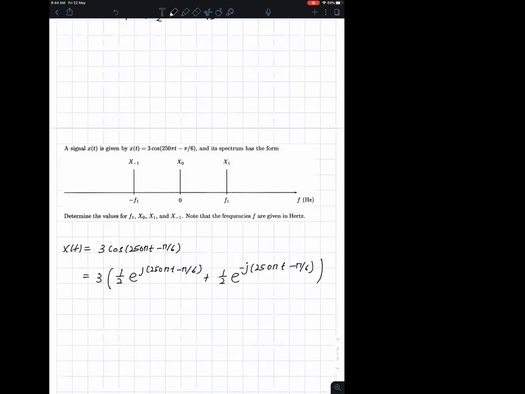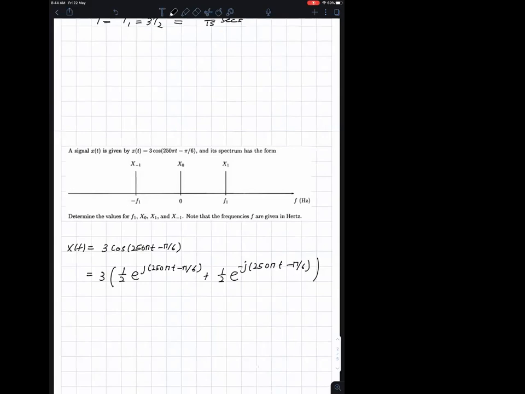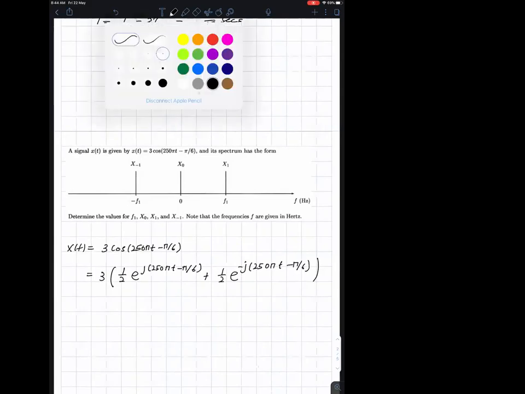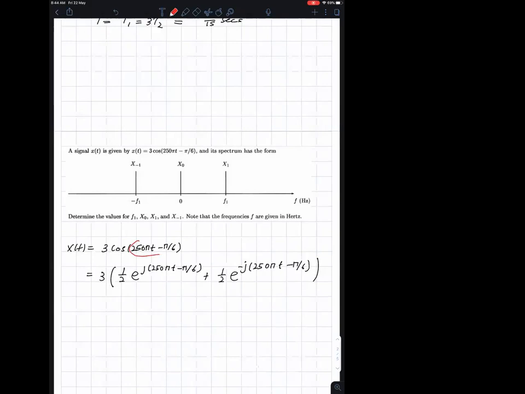Okay, this is how you write it. The whole thing must be considered as theta. We can consider the whole thing as theta. It's like a cosine theta. Cosine theta is 1 half e to the j theta plus 1 half e to the minus j theta.